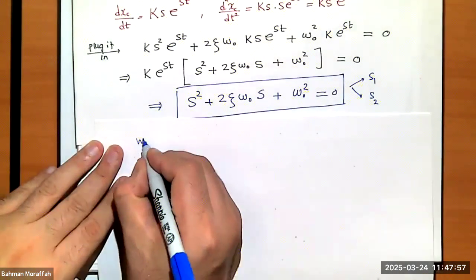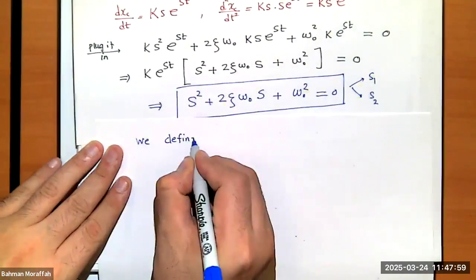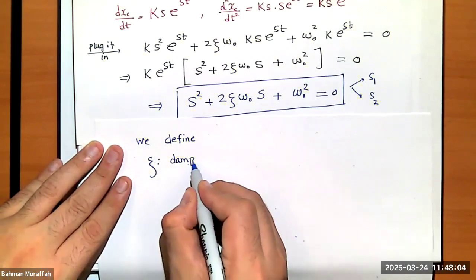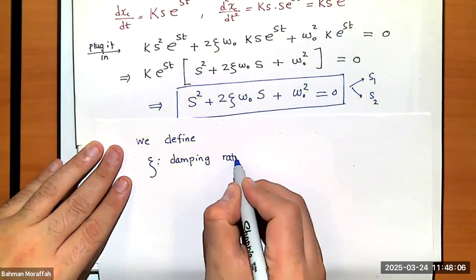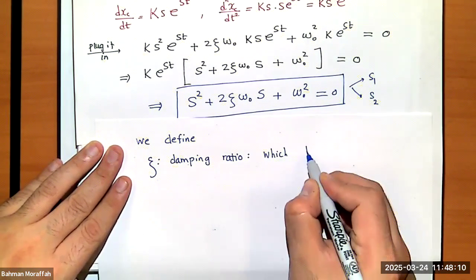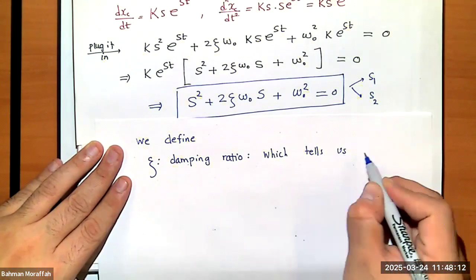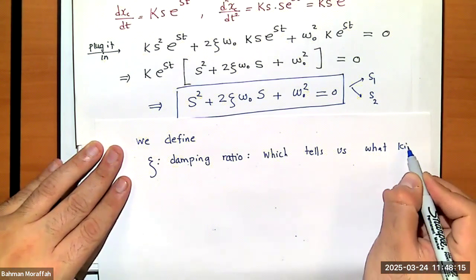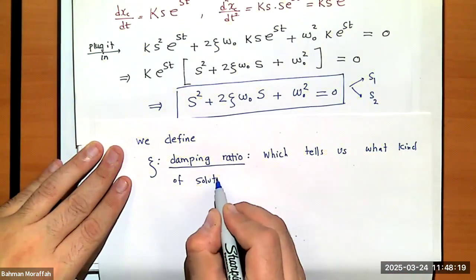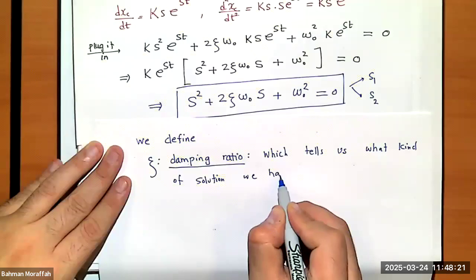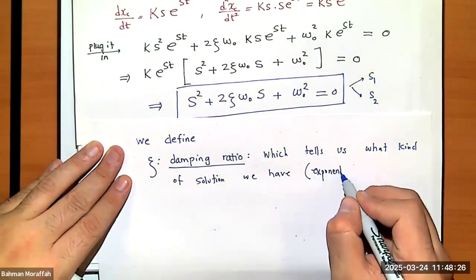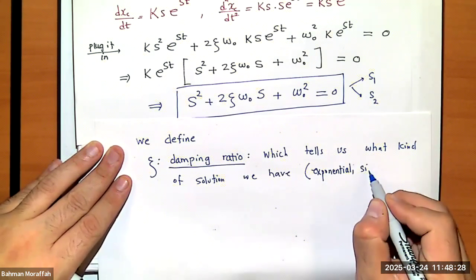So we define c to be the damping ratio, which tells us what kind of solution we have, whether it is exponential or sinusoidal.